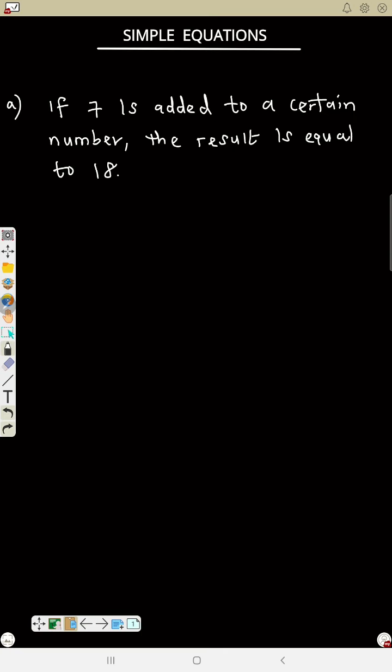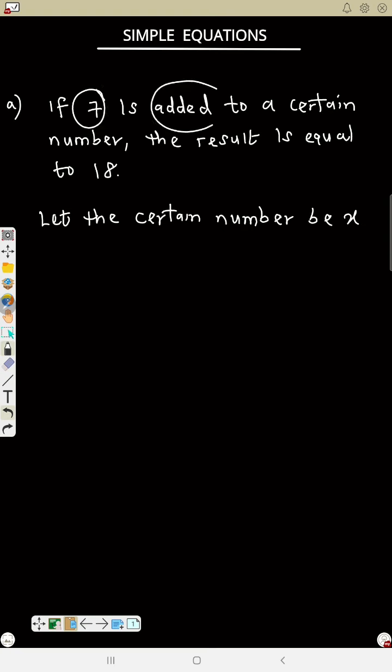So let the certain number be x. So if 7 is added to a certain number, we add 7 to it.